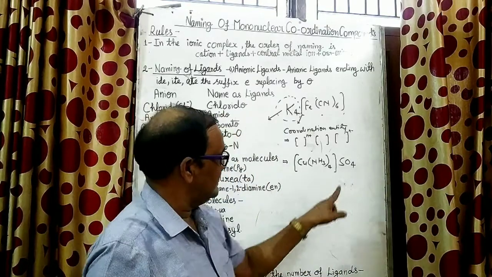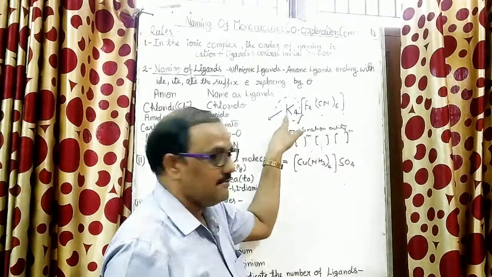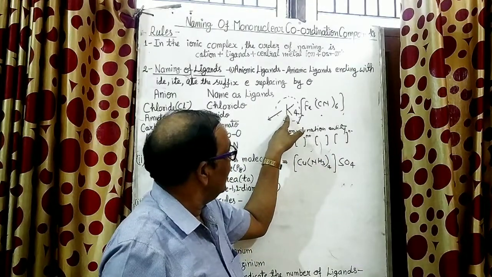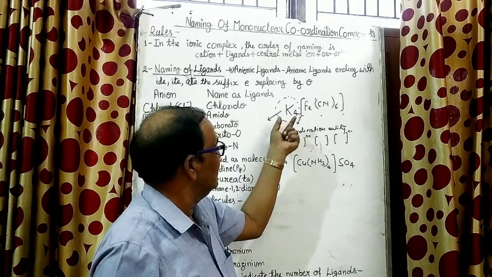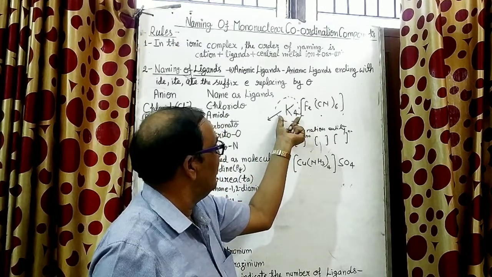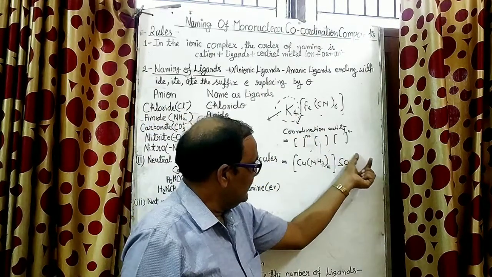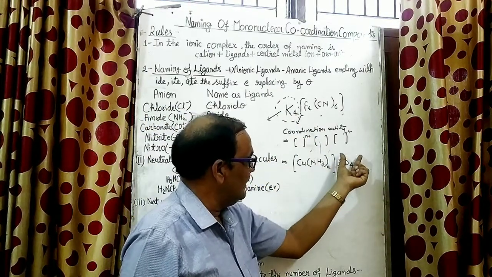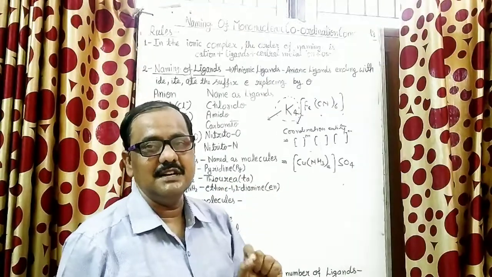In this case, the counter ion is the sulfate ion, but in the first case, the counter ion is K plus ion. And regarding the number of counter ions, in the first case, there are 4 moles of K plus ion. In the second case, there is only 1 mole of the sulfate ion. These are the basic terms which are used in a complex compound.